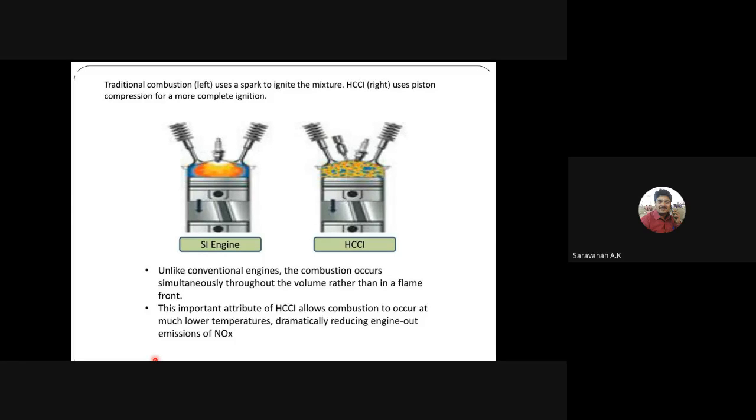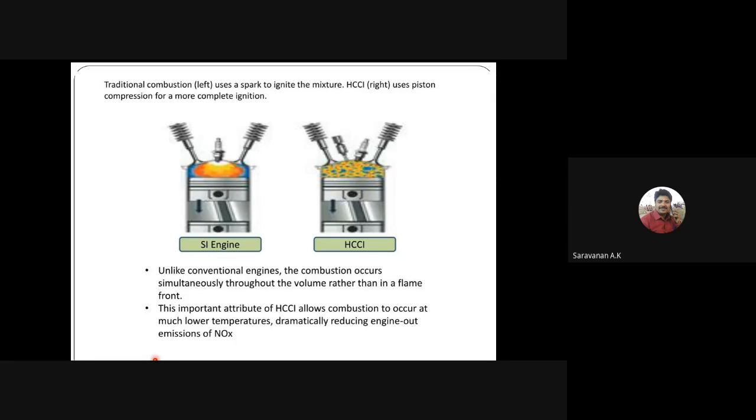We can control the hydrocarbon and carbon monoxide emissions, but we can't control the NOx emissions as easily. So in HCCI engines you can see low NOx emissions, but high emissions of hydrocarbon and carbon monoxide.